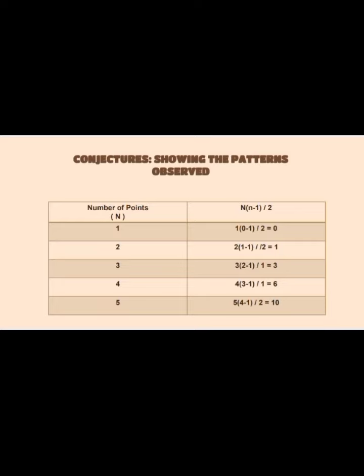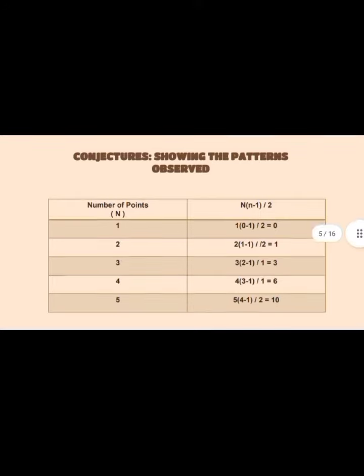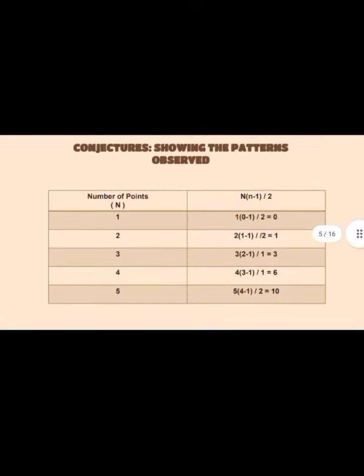Our n represents the number of points, and we're just going to substitute it into our formula to know how many chords can be determined in a certain number of points.